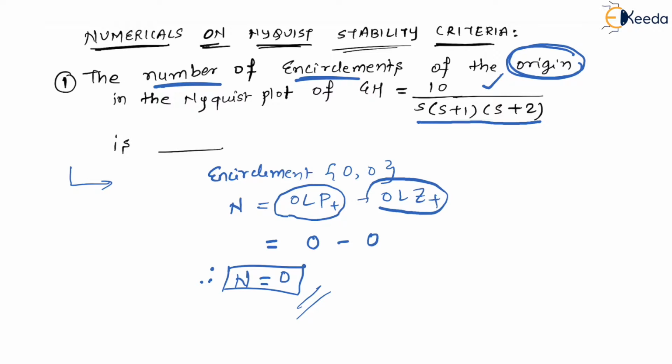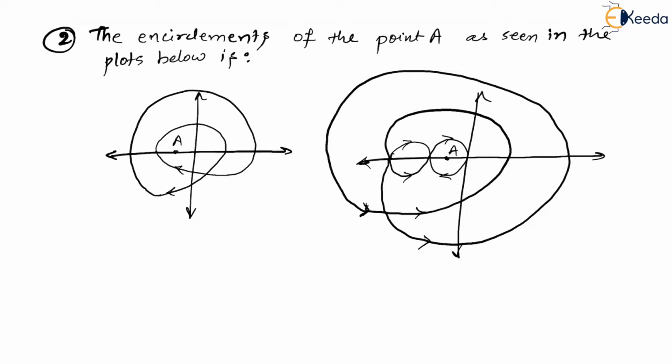Now second question. See the encirclements of the point A as seen in the plots below is. So we are supposed to find the encirclements about this point A, right? How to do that? Easy trick is there. We simply project this A down like this.